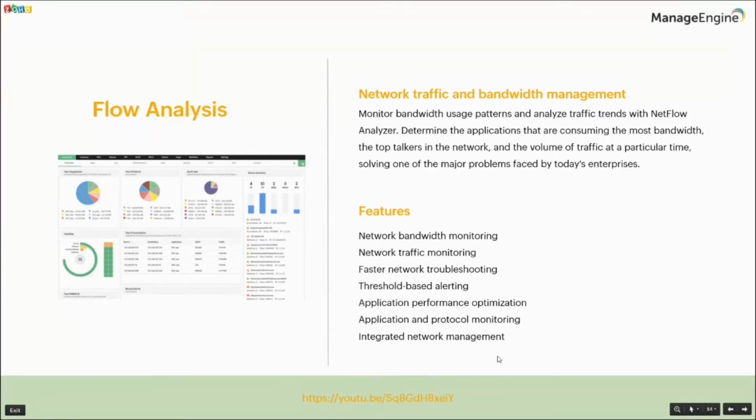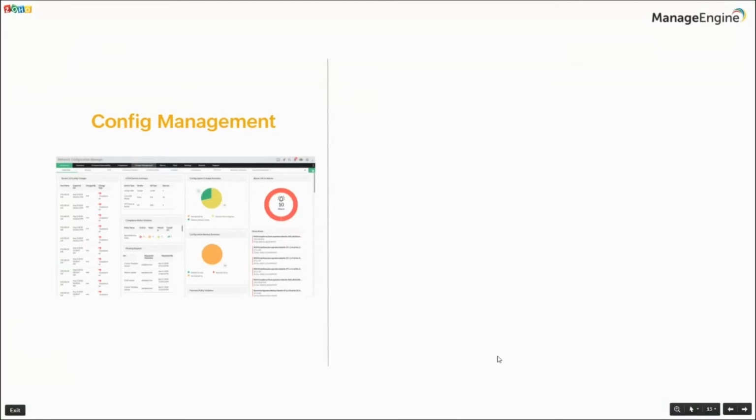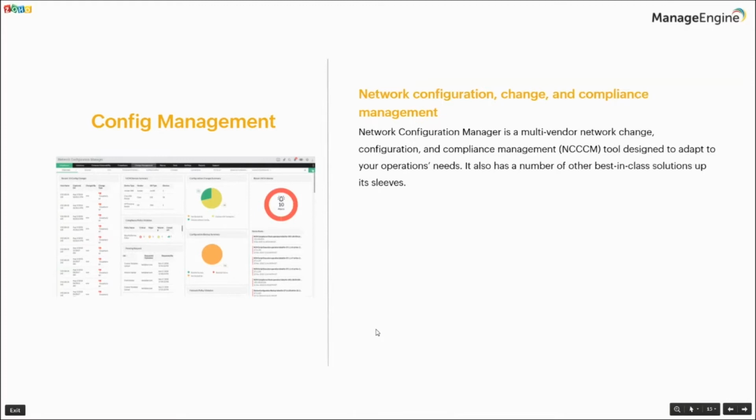The next topic which we are going to see is about config management, otherwise called NCM. The network configuration change and compliance management is a multi-vendor network change, configuration and compliance management tool which is designed to adapt to your operational needs, and it also has a number of other best-in-class solutions up its sleeve.